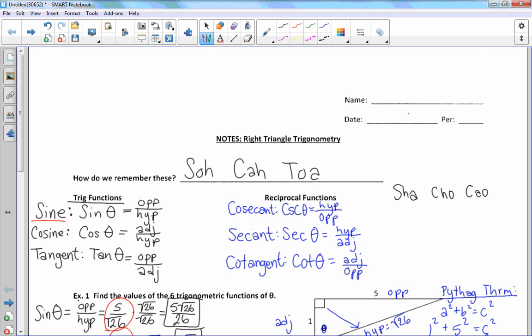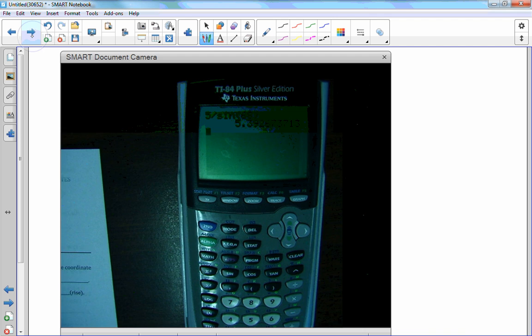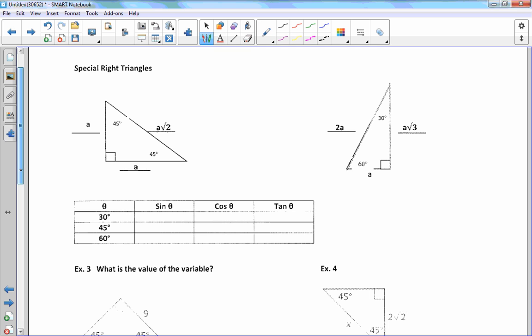Some special triangle relationships that I'm supposed to tell you, but in my opinion, they're not useful because I can't ever remember them. I can remember SOHCAHTOA though. This is a 45, 45, 90 triangle. Remember that theorem about base angles being congruent?